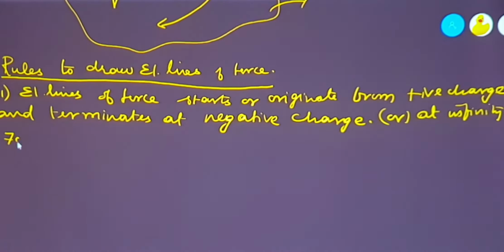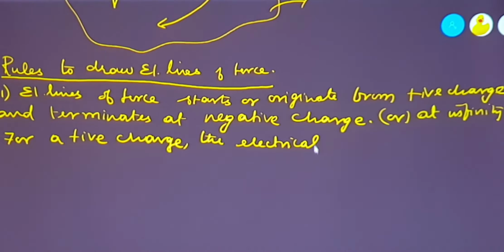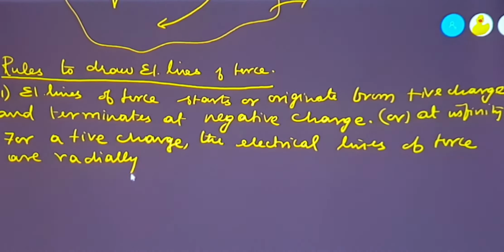For a positive charge alone, the electrical lines of force are radially outwards, they are acting radially outwards, that's all.